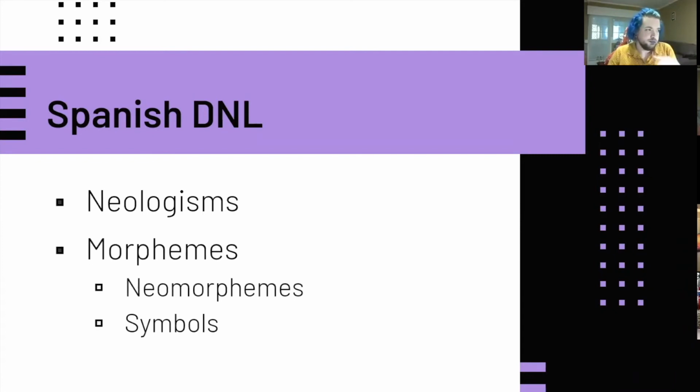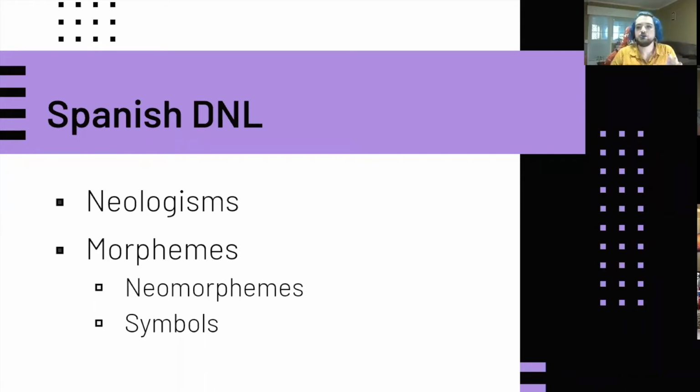For this purpose, I'm going to split them into neomorphemes, which really are all of these, and then symbols, which should be a subcategory. The neomorphemes that I really study for my research are the ones with letters, the ones that we can pronounce, because I'm interested in how non-binary people just speak and how people speak about us.